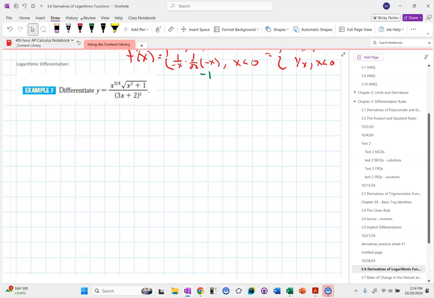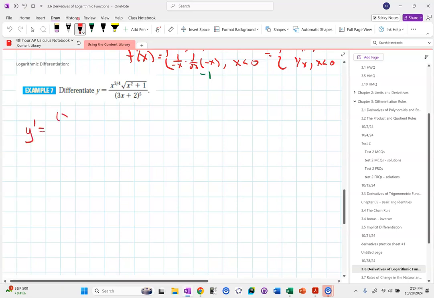I see 2 and a product rule. Oh my God, this is like a nightmare, Mr. Kulik. Are you telling me I have to be able to do stuff like this? Absolutely. All right, so what would this look like? So it'd be the bottom times the derivative of the top.